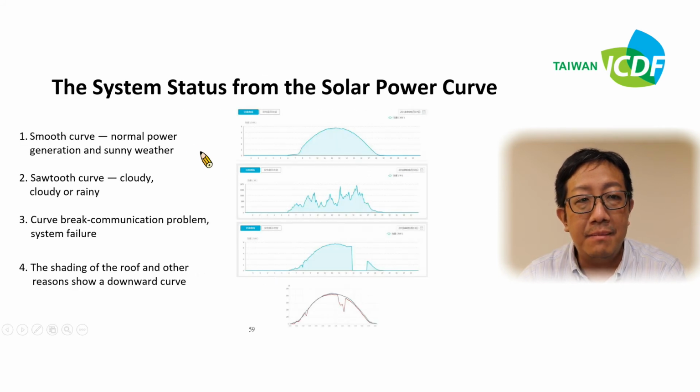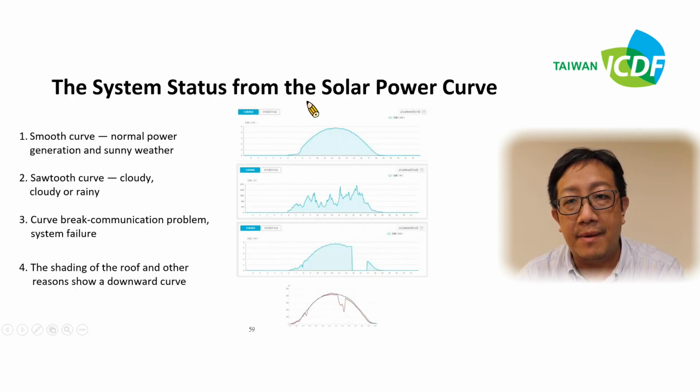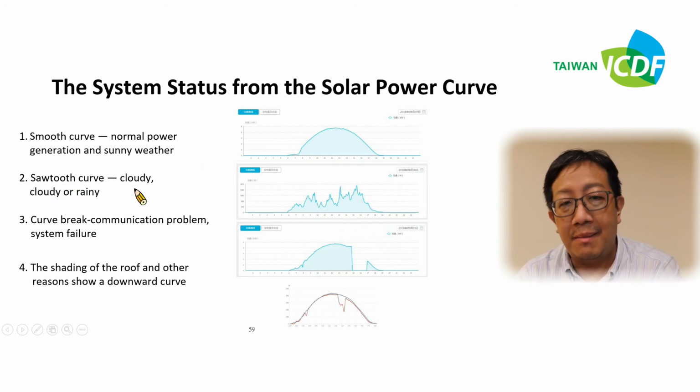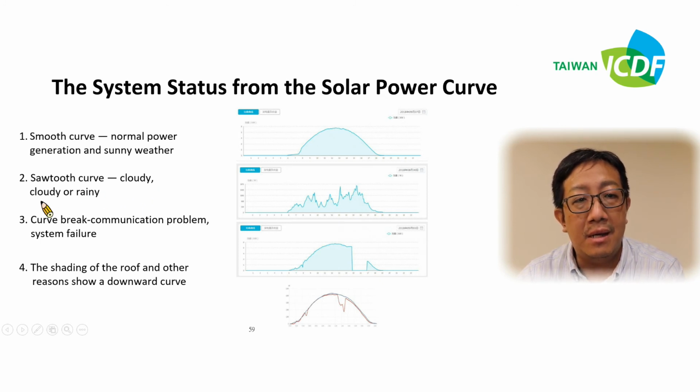This is an example of the system status from the solar power curve. You can see that the very first one is the smooth curve, the normal power generation in sunny weather. This one, you can see the seesaws here, the sawtooth curve. Well, it might be cloudy, rainy weather.